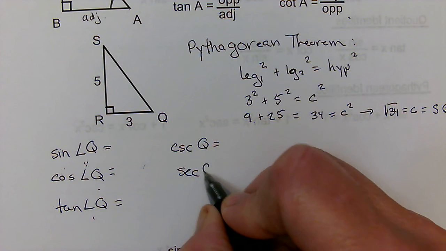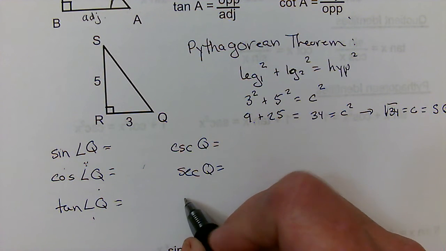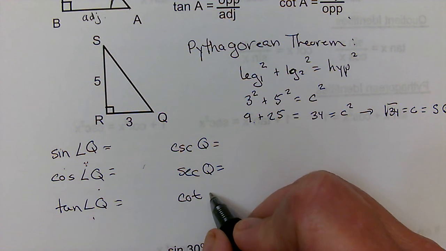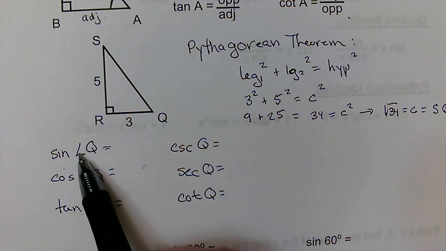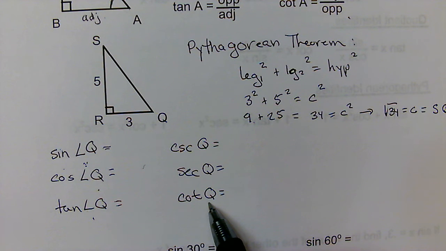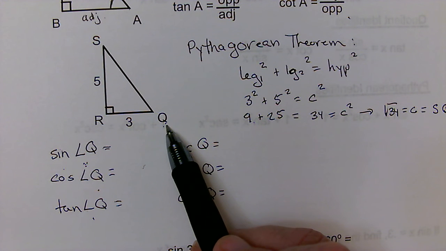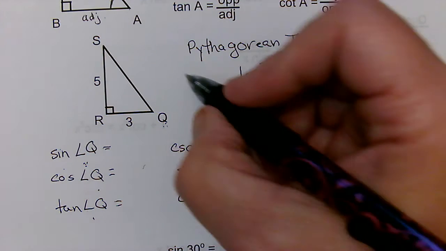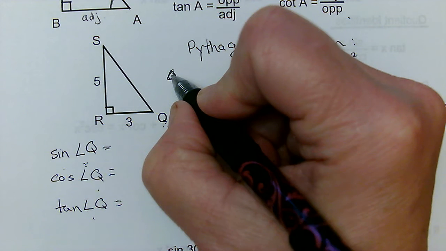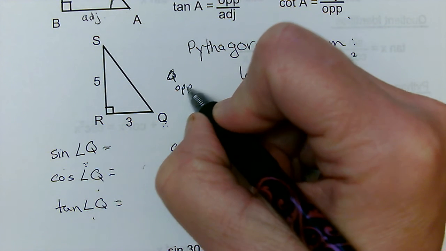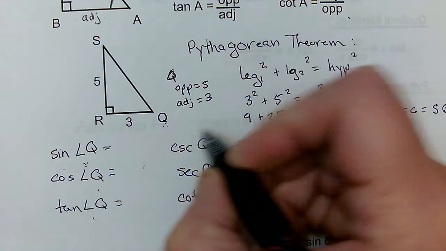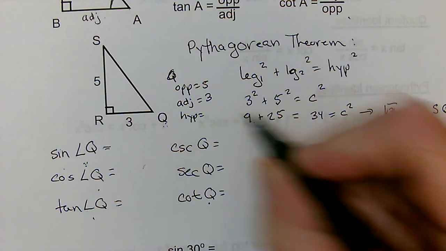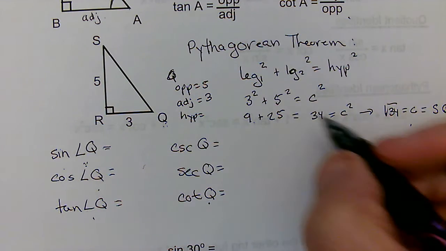So usually when I'm asked to find the trig functions of an angle, I start by writing out all 6 trig functions with the angle and an equal sign. You don't have to write the angle name, you can just write the letter of the angle. So in this case, if I'm looking at Q, then the opposite is 5, the adjacent is 3, and the hypotenuse is, as we found over here, the square root of 34.